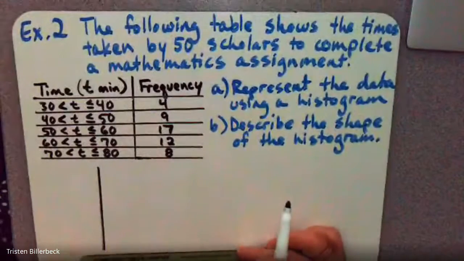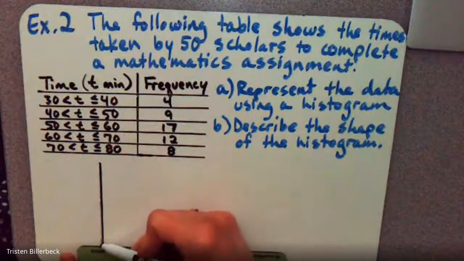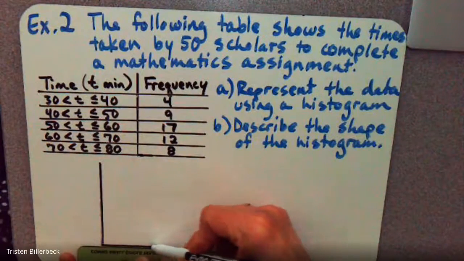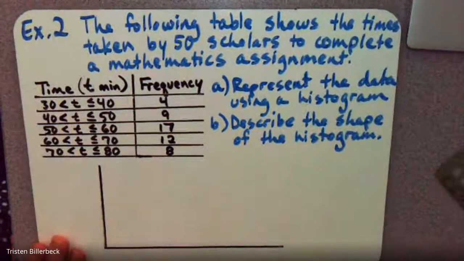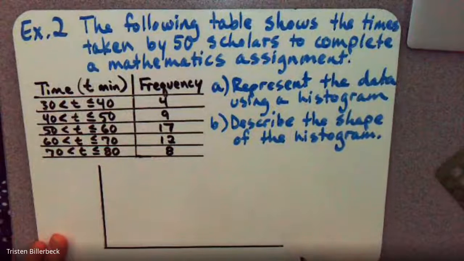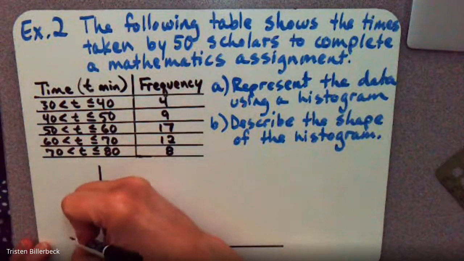And down here, we're going to do time. Time is independent, and it's usually on the horizontal axis of a graph. So this is going to be time, and let's first do the frequency here. So we have frequency.